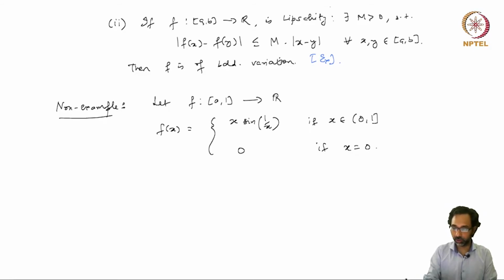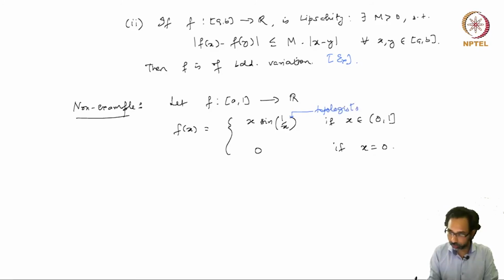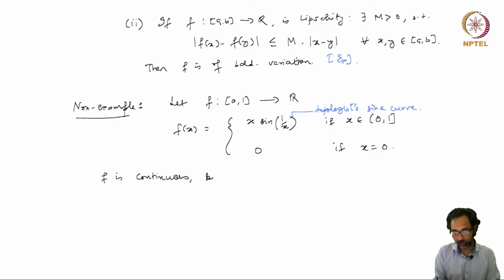This is also sometimes called the topologist's sine curve, and in fact this is a continuous function. So, f is continuous but not of bounded variation.